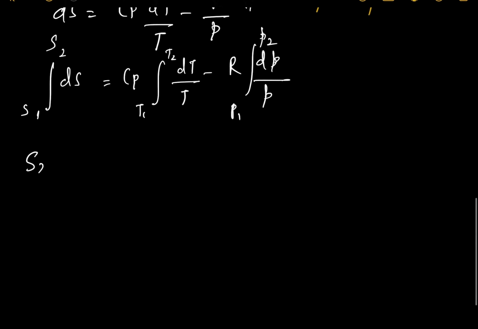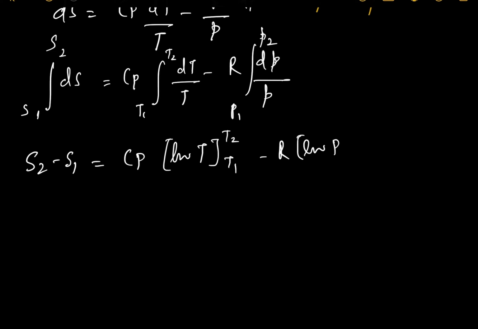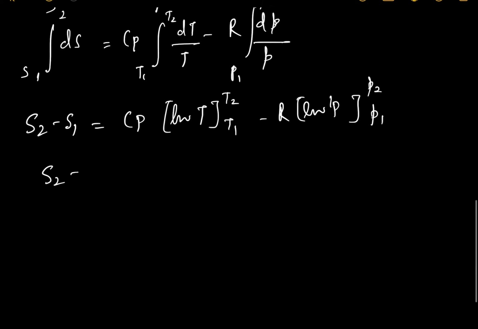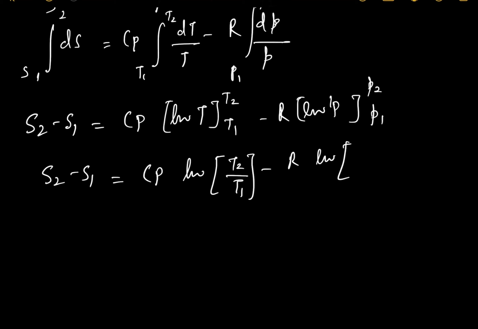So we can get S2 minus S1. There is a change in entropy S. S2 minus S1 will be Cp natural log of T2 by T1 minus R natural log of P2 by P1.